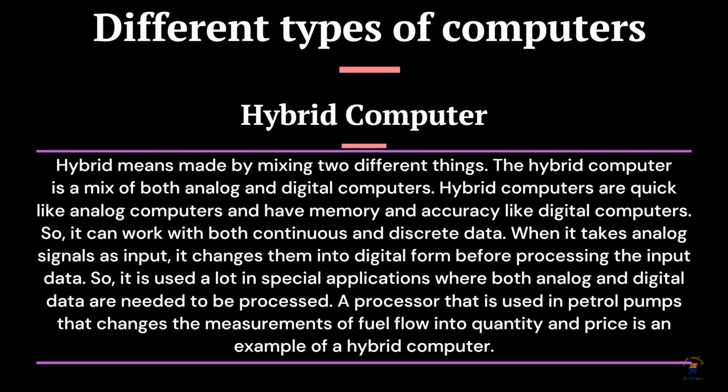When it takes analog signals as input, it changes them into digital form before processing the input data. So, it is used a lot in special applications where both analog and digital data are needed to be processed. A processor that is used in petrol pumps that changes the measurements of fuel flow into quantity and price is an example of a hybrid computer.